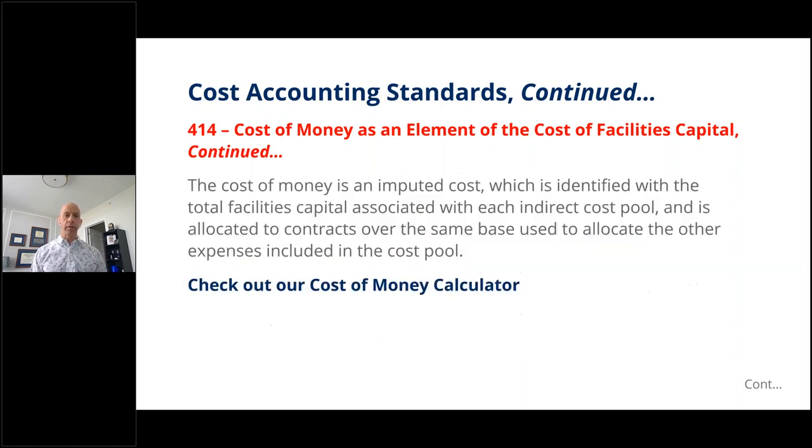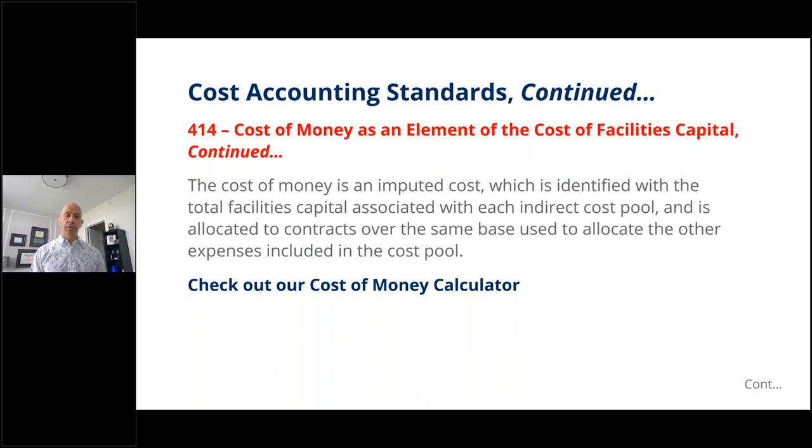414 cost continued here. As I already said, it's an imputed cost. It does need to be associated with each indirect cost pool. Got a little reminder there to go to our website again for the cost of money calculator. One of the things that you will see in the incurred cost proposal, which is going to be the last, number 12 webinar in this series this year, so that's actually going to occur in December.